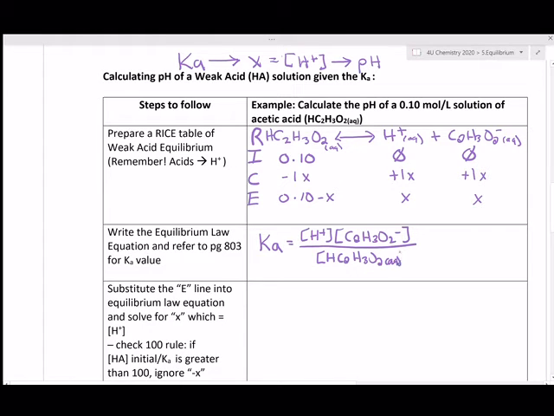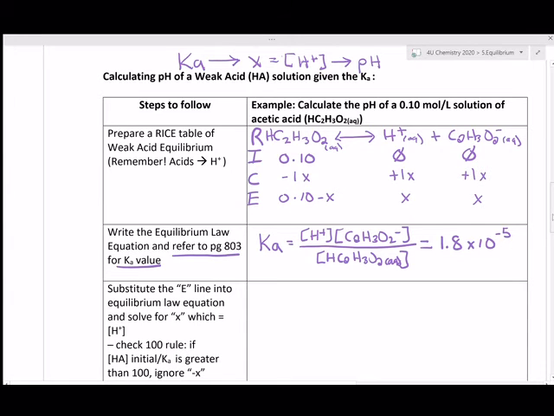These are all aqueous, otherwise they wouldn't be in our equilibrium law. And then you're going to look up the Ka value. These aren't a secret. They are all over the internet and in your textbook. So if you find acetic acid or ethanoic acid, go down, look up the Ka. You should be able to see that it is 1.8 times 10 to the negative 5.